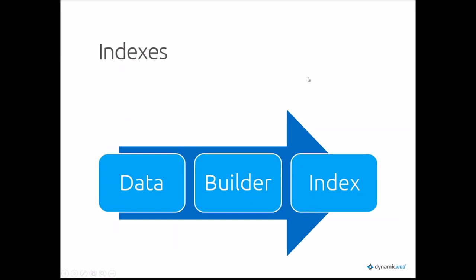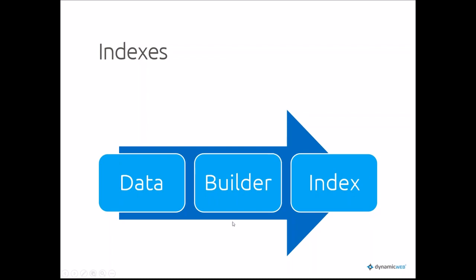All right. So before we look at the specific implementations of the builders, let's just take a quick look at what they actually do. In last week's session, I showed you this slide where we talked about what indexes are. Indexes pull data from a data store that is then run through a builder, which then produces the actual physical index.